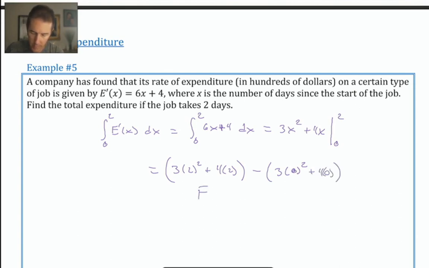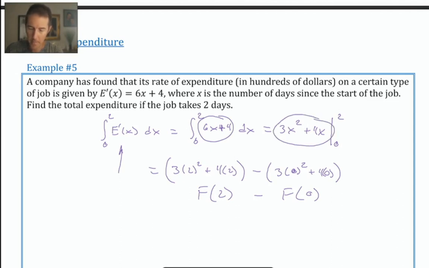This is capital F of 2 minus capital F of 0. It's also capital E, but I'm using capital F because this is lowercase f. And then we found the antiderivative, and this became capital F. That was the notation we used earlier in this section.